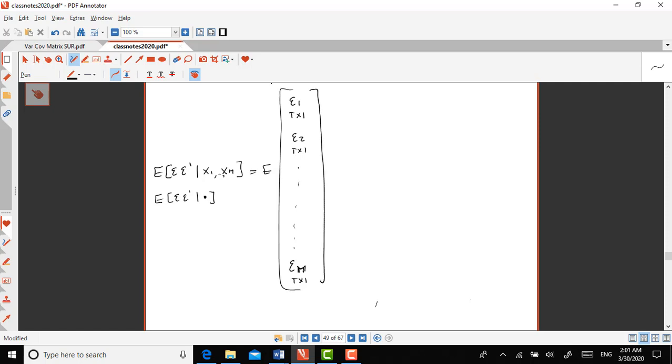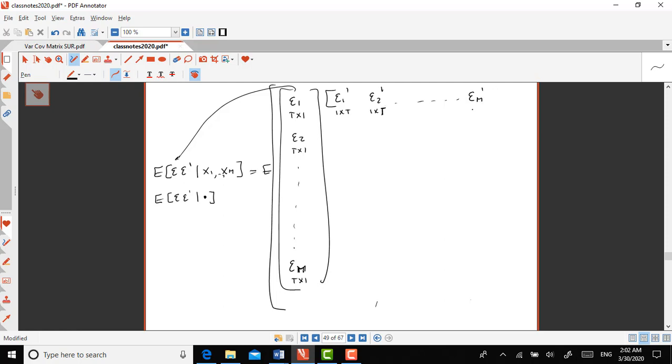We multiply this by e_1 prime, which is 1 by T, e_2 prime, which is 1 by T, and so on up to e_M prime, which is 1 by T, conditional on all the explanatory variables.